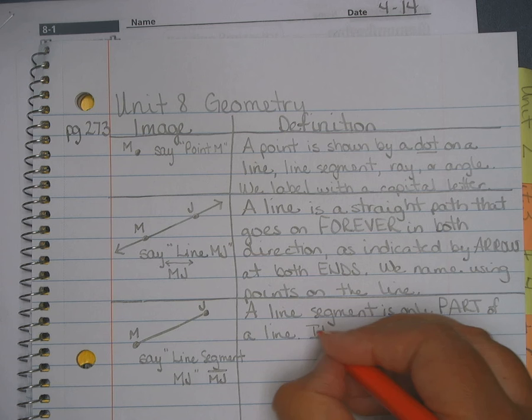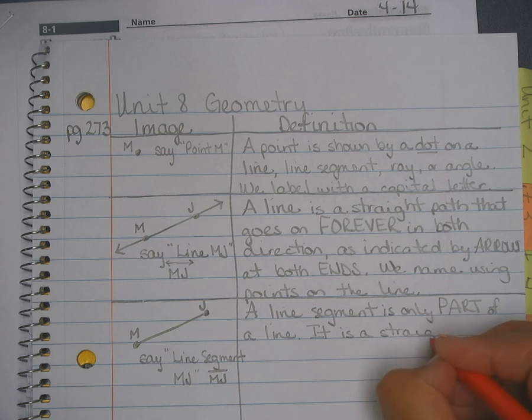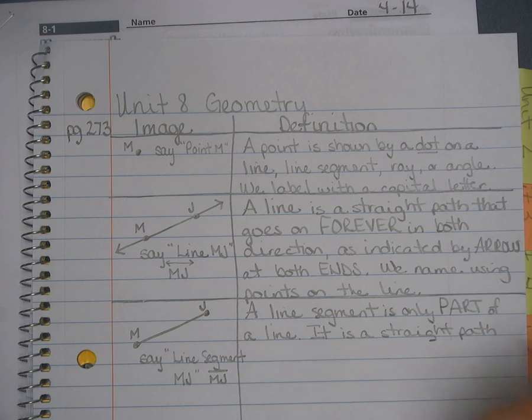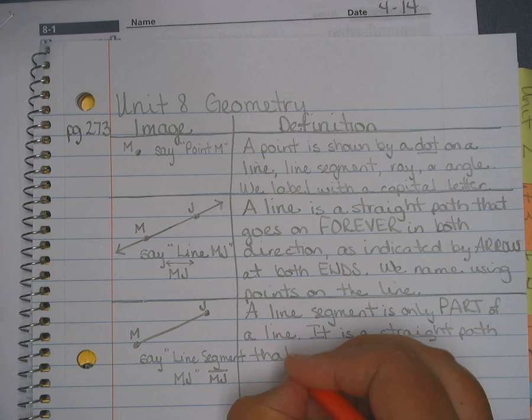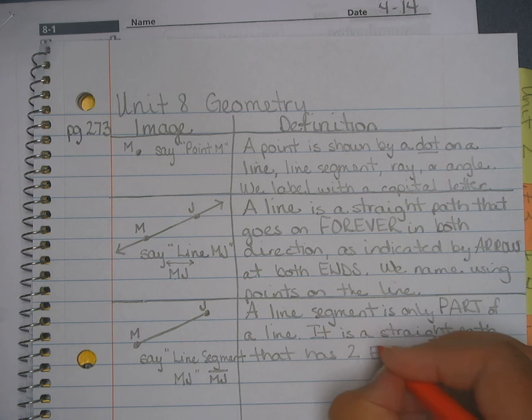It is a straight path that has two endpoints.